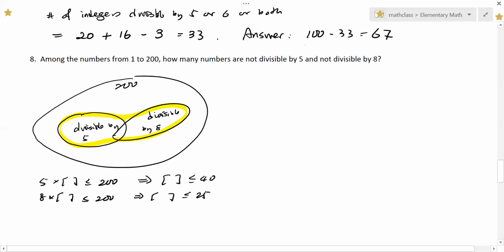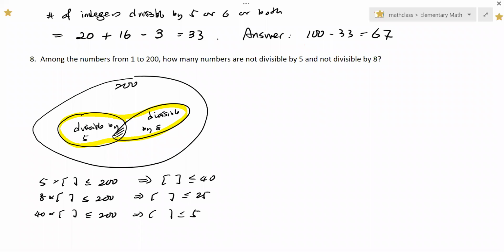Now, you also look at the intersection part, divisible by both. Then it has to be 40 times this, okay? And that implies it's going to be 5. So there are 5 integers that are multiples of 40, okay?